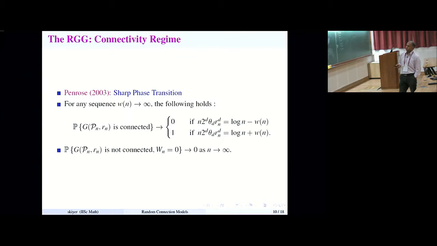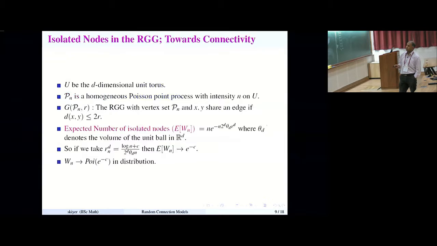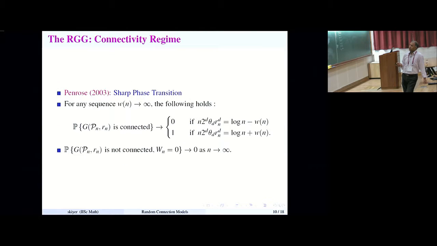So if you look at the radius regime here, if you have a constant c here, then the expected number of isolated nodes is non-zero. So obviously if you want to eliminate isolated nodes, this constant must go to infinity. That's what this result says: if you take Rn to be log n over all this, plus something, and this goes to infinity, then the probability that the graph is connected goes to 1. If it's minus of this, then the probability the graph is connected goes to 0.